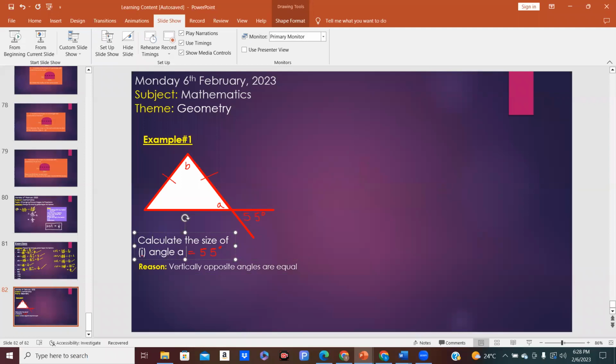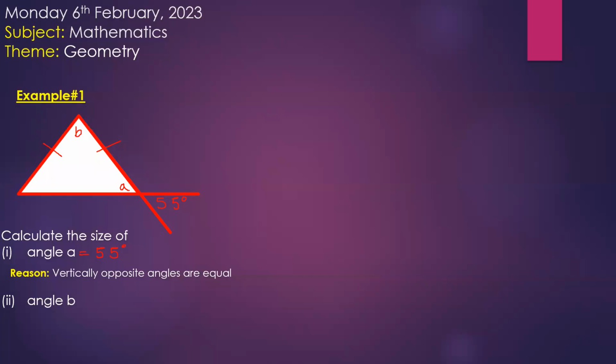This is question 2, or this is still a part of question 1? Angle B. Okay, so we need to figure out the size of angle B. All right, so how do we figure out the size of angle B? So we know A is what?